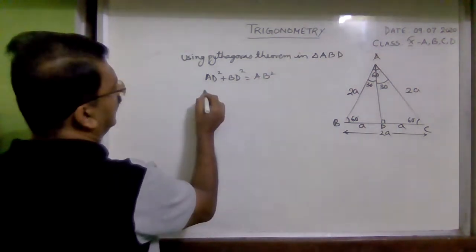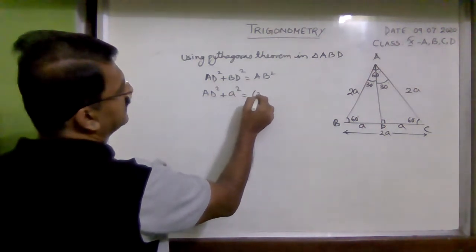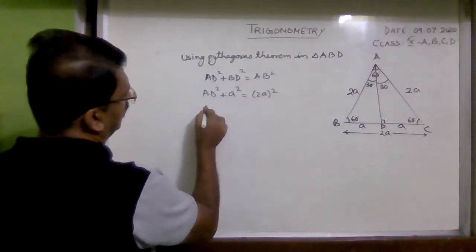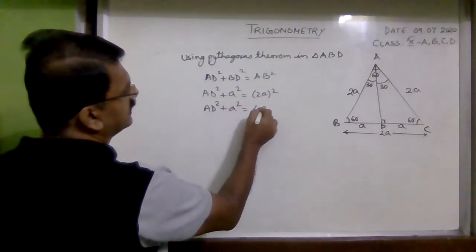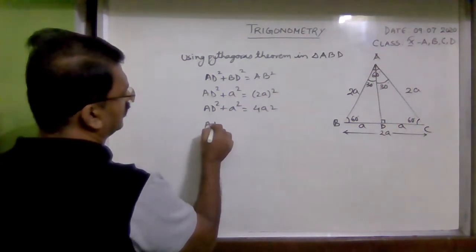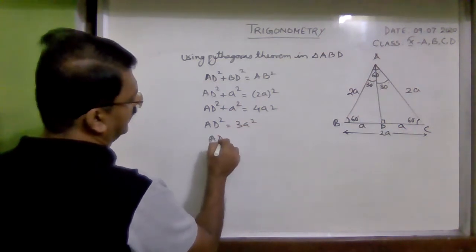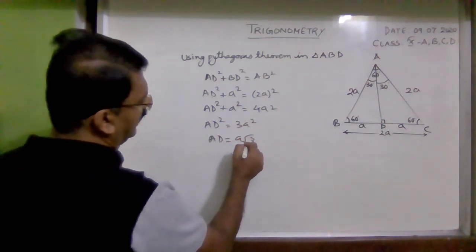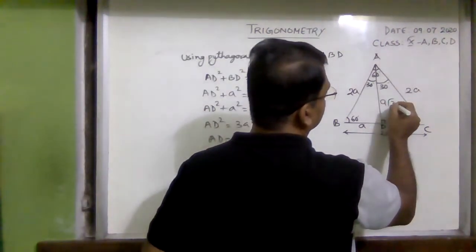That is AD square plus a square is equal to 2a whole square. AD square plus a square is equal to 4a square. So AD square is equal to 3a square. So AD will be a root 3. So we have found that length of AD is a root 3.